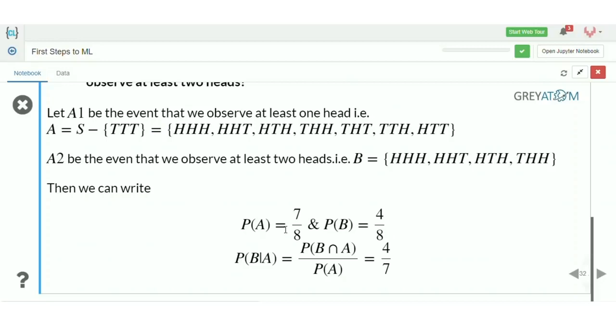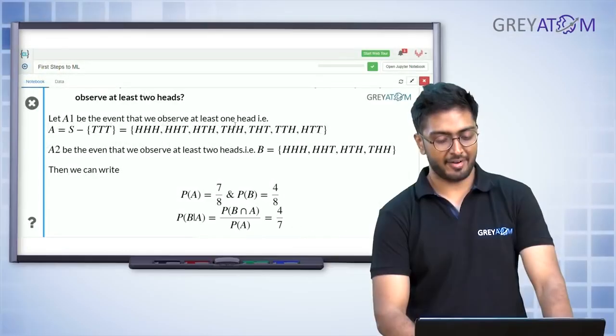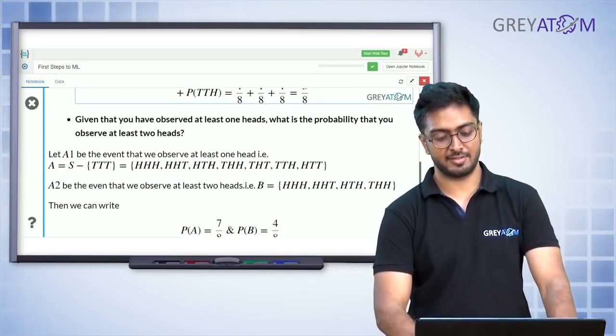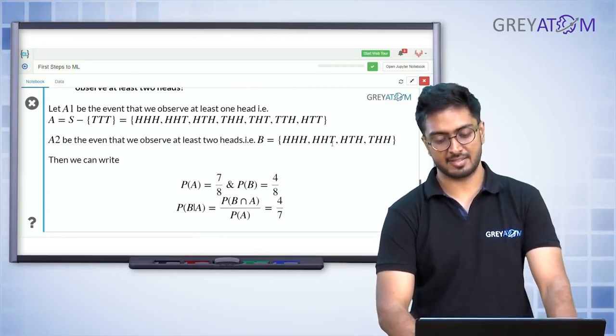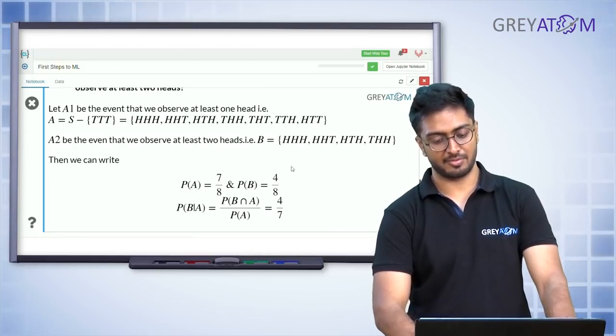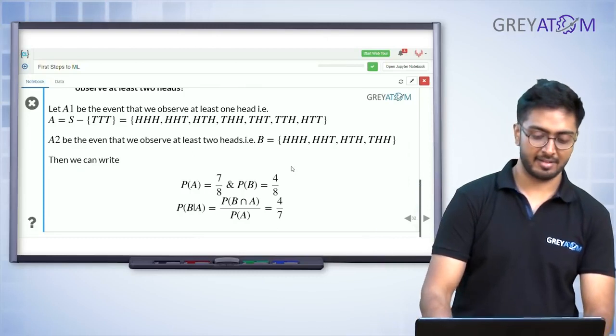Given that it's already said that it's at least one head, there are 7 possible options. Out of that, given this has happened, what is the probability that you would observe at least 2 heads? Out of these 7 options, there are only 4 favorable outcomes. So 4 out of 7 is the probability of B given A, right?